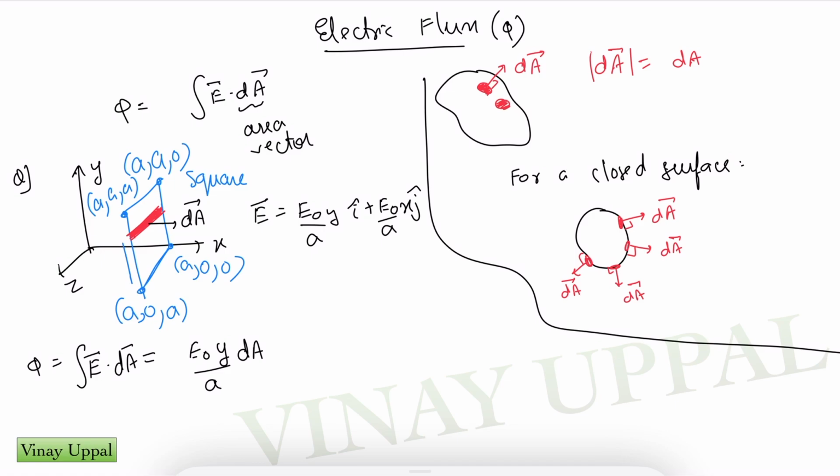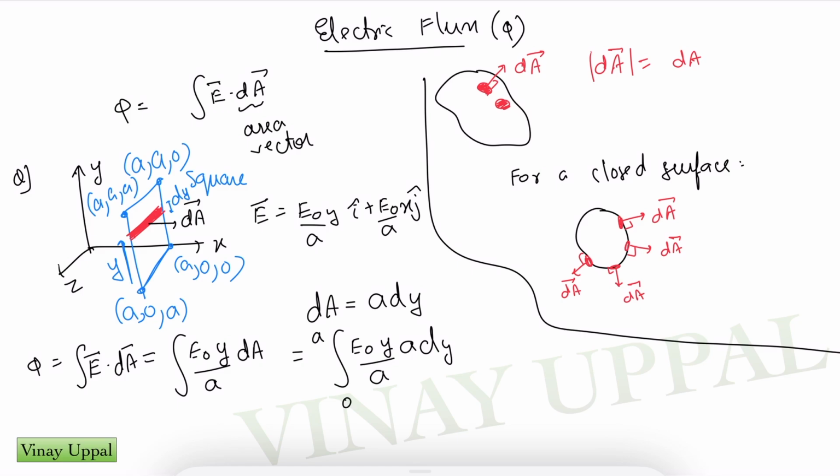Let's say the y coordinate of the element is y, and therefore the thickness would be dy, and the element, you should be able to see, I can write dA as a dy. So this will become E naught y by a dy, and the y coordinate will go from 0 to a, and thus we will end up with E naught a squared by 2, and that is your electric flux.